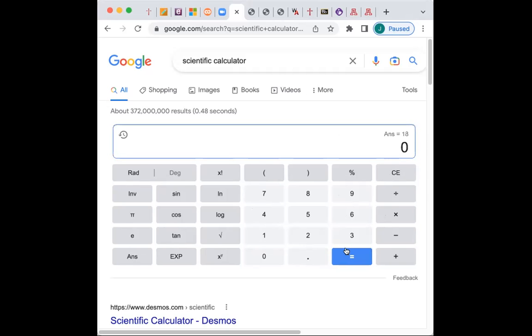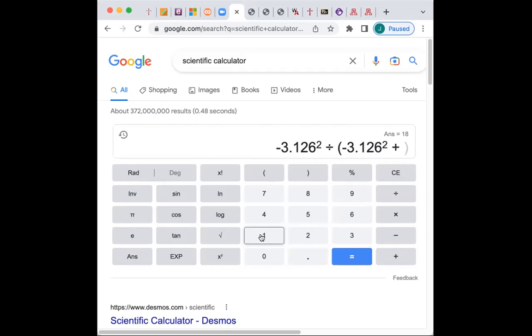No, it's because I did. I think I know why that's not working. Negative 3.126 to the second power divided by negative 3.126 to the second power plus 17.